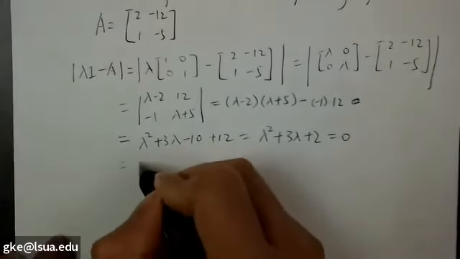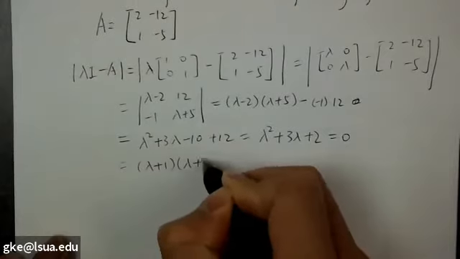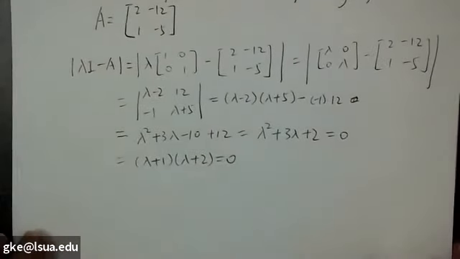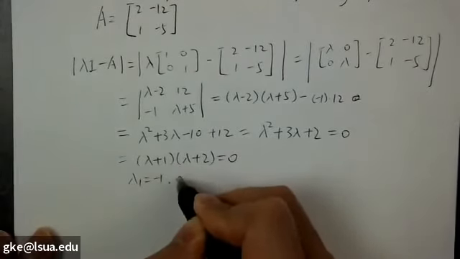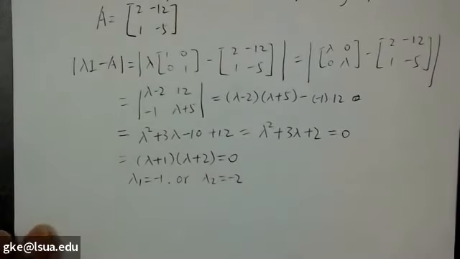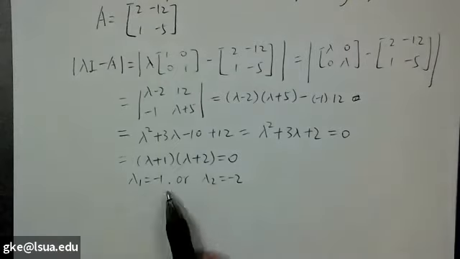We can use the factoring method. The first solution is -1 and the second solution is -2. We have two eigenvalues. Now we need to find the eigenvectors.